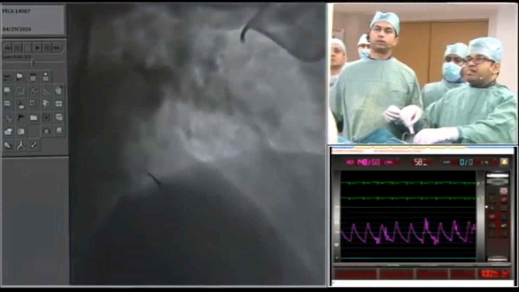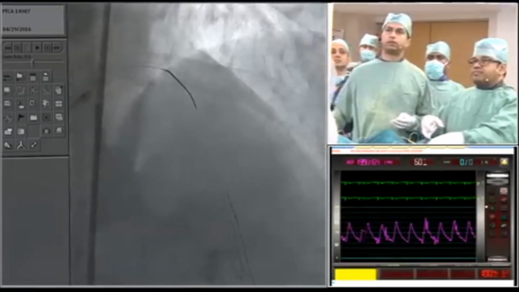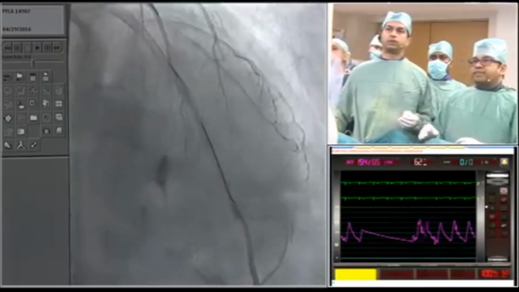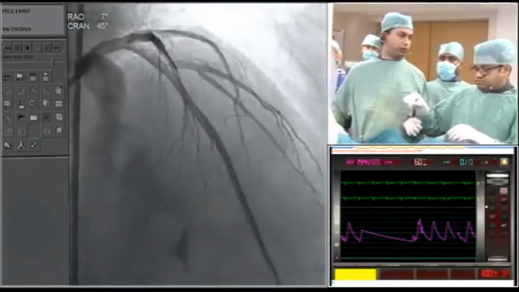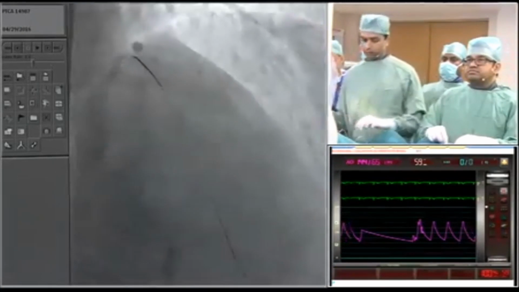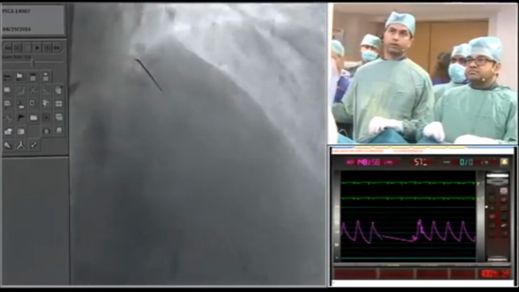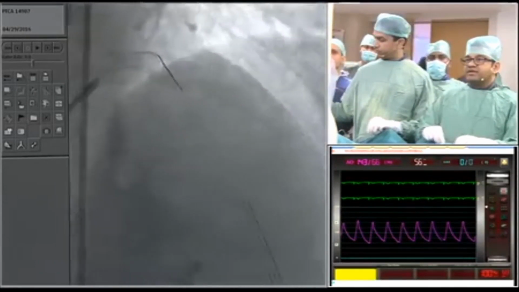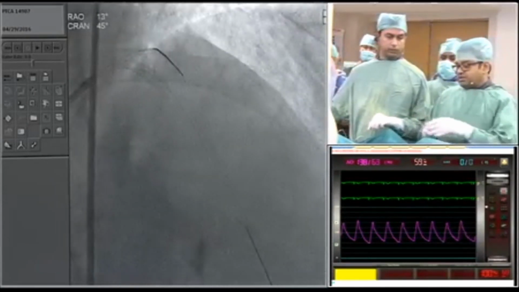Which balloon was that? It was a French invasive balloon, the equivalent to the Biotronik drug-eluting balloon. So it's a very well controlled and developed balloon. But still there is not enough convincing, powerful data in support of that.